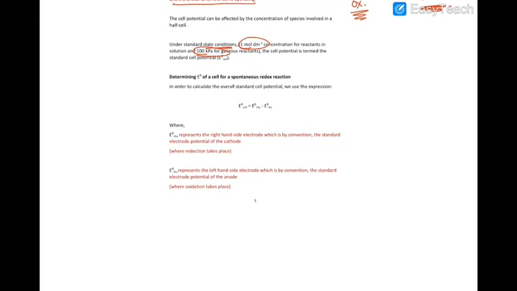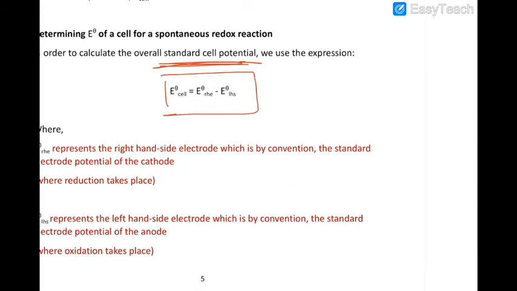In order to find the overall standard cell potential of two half cells connected together, we're going to use the expression where the overall standard electrode potential is going to be equal to the difference between the electrode potential at the right hand side minus electrode potential on the left hand side.